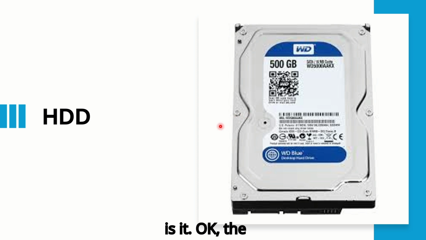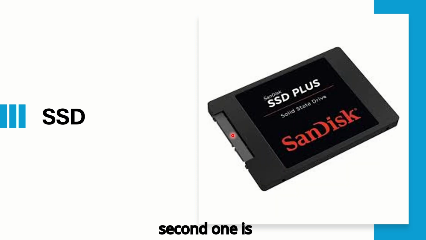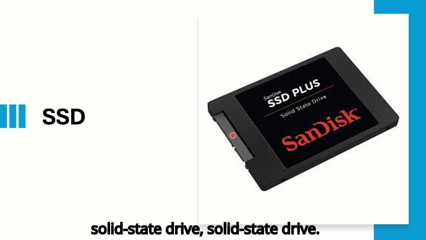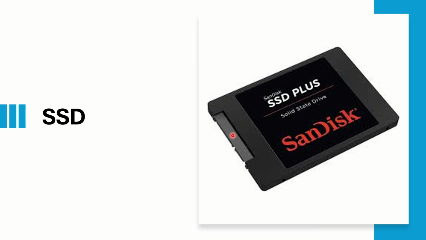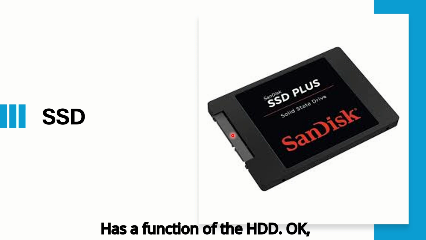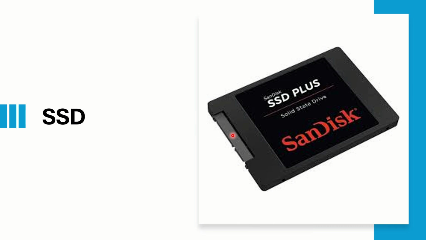The second one is SSD. So what is SSD? First of all, SSD stands for solid state drive. Solid state drive has the function of the HDD. It's the same thing, at the end it's about a storage device, a storage element.